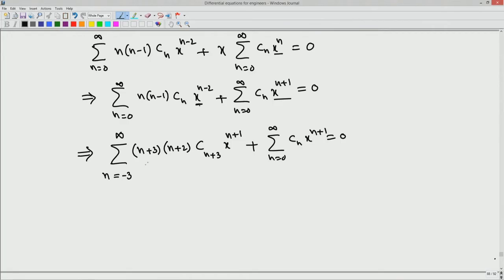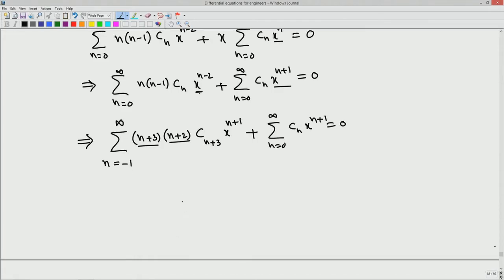So, for n equal to minus 3, this is anyway 0, n equal to minus 2, this is also 0, okay. So, it actually starts from n equal to minus 1, okay. That is what the series is.